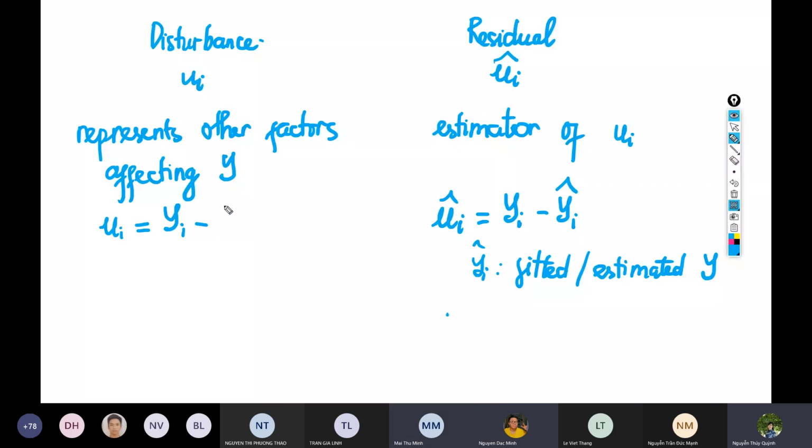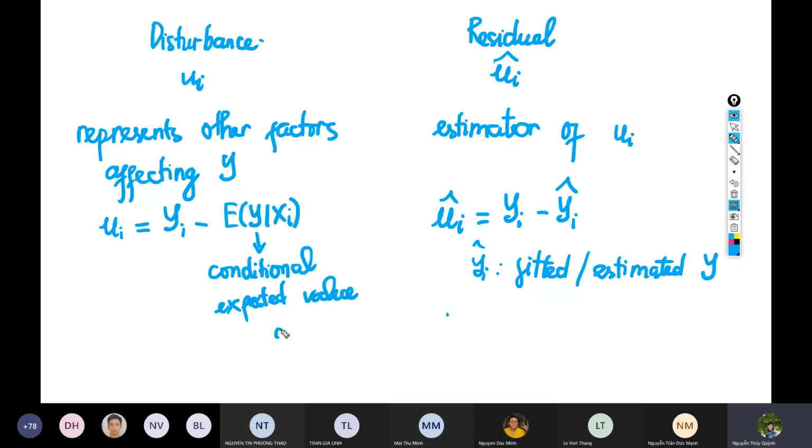It is called the conditional expected value of y, the expected value of y conditional on x. And u i is the difference between these two.